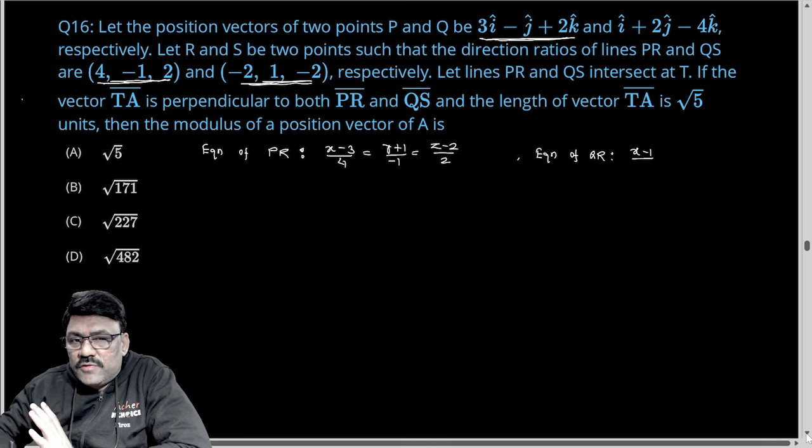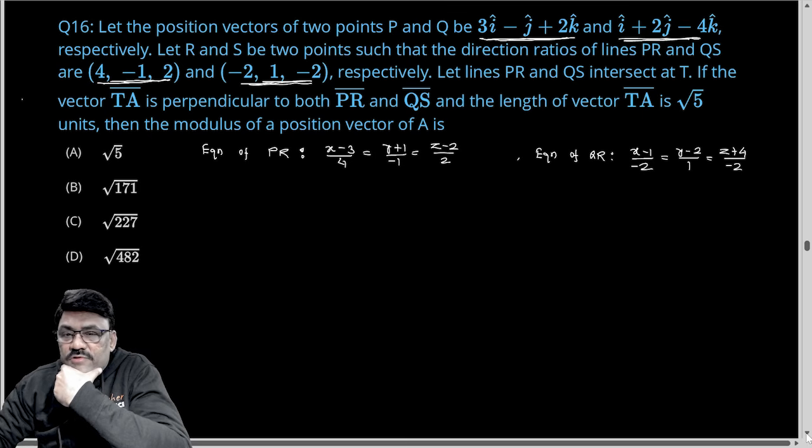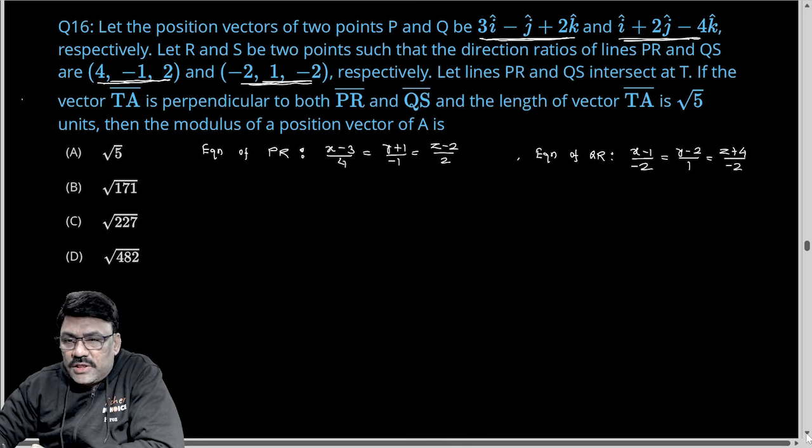So (x minus 1) over minus 2, (y minus 2) over 1, and (z plus 4) over minus 2. The numerator will be x minus 1, y minus 2, z plus 4, because QS is passing through this point. And the denominator is the direction ratios, minus 2, 1, minus 2.